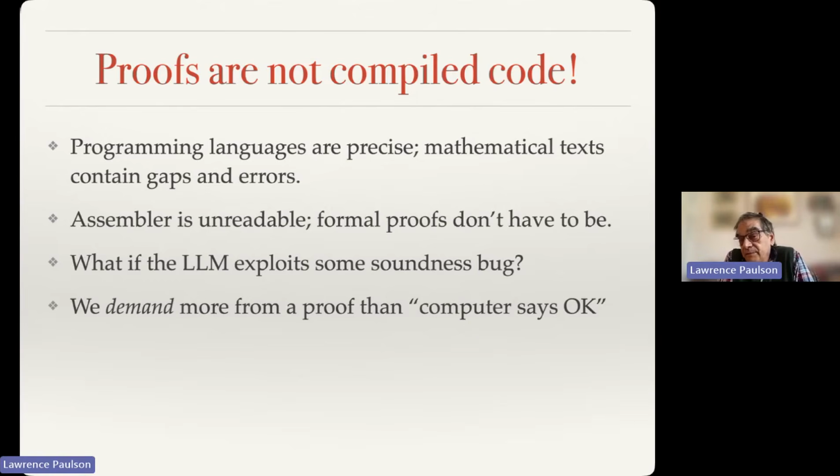Also, the outputs are very different. So the compiled code that you get from a compiler is completely unreadable. There is no concession of any kind. There are indeed some compilers, or at least there were when I was playing with this sort of thing, that could deliver something that looked like a real assembly language code.